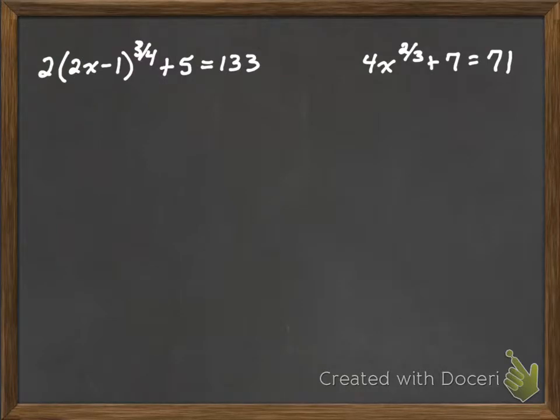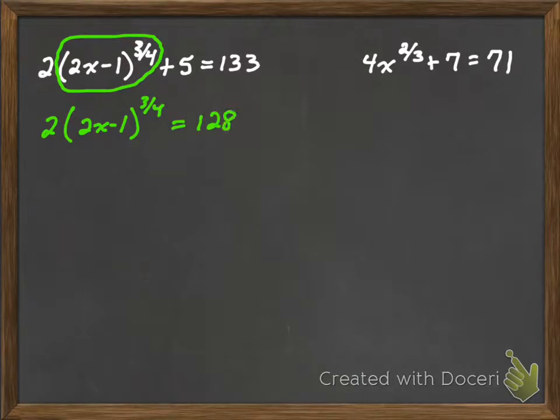All right, 2 more problems here and then we'll be done with this. Isolate the radical part, that is this. So we're going to start off with moving the 5 and then moving the 2. Moving the 5, we're going to subtract it, which will give us 128. Our next step will be dividing by 2, which is 64. We have now isolated the radical, so we're going to raise both sides to the reciprocal power.